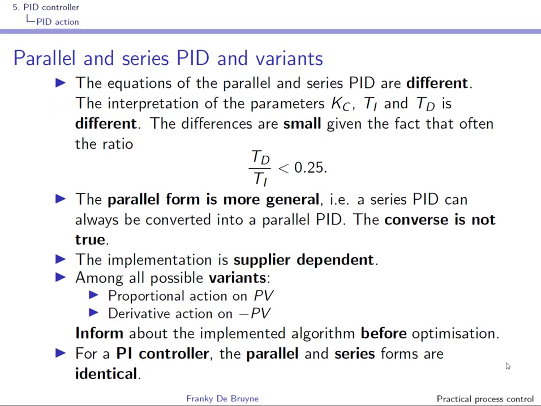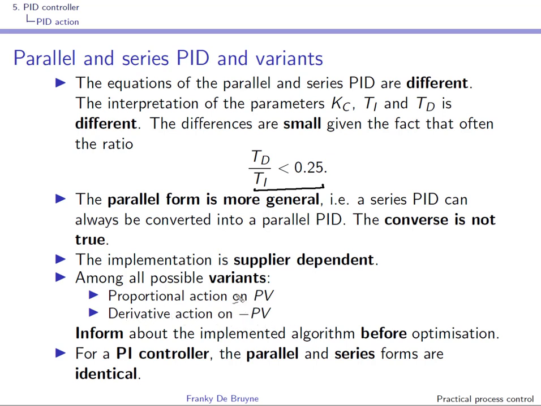In conclusion, you can see that the equations of the parallel and series PID are different. The interpretation of the parameters is therefore also different, although we have seen that the differences are small if this ratio is small, which is often the case for good design. We have seen that the parallel form is more general. The implementation is supplier dependent, and among all the possible variants, you have proportional action on PV, derivative action on minus PV.